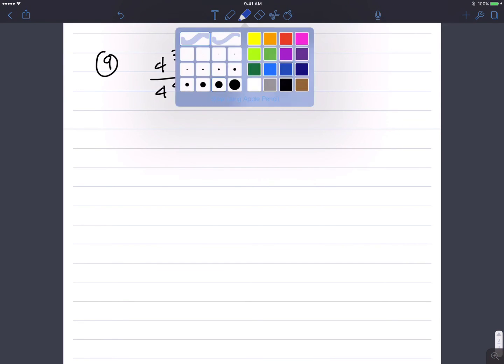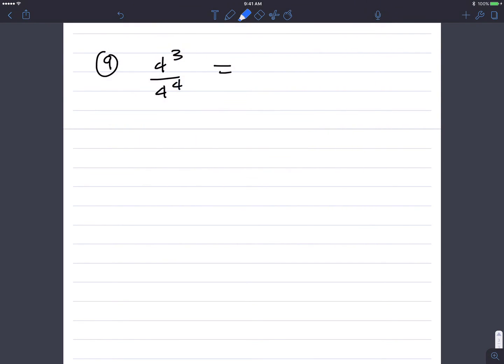Number 9, we have 4 to the third over 4 to the fourth. Notice, same base. Keep the base. Subtract your powers. 3 minus 4 is negative 1. Again, a negative power.